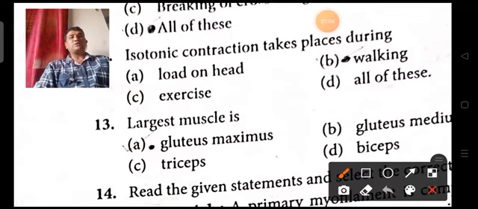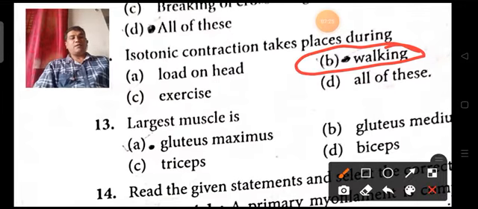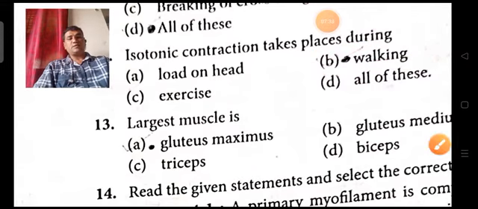Isotonic contraction shortens the muscle in length, pulls the bone, and movement of organs occurs. So the answer for this question will be walking.